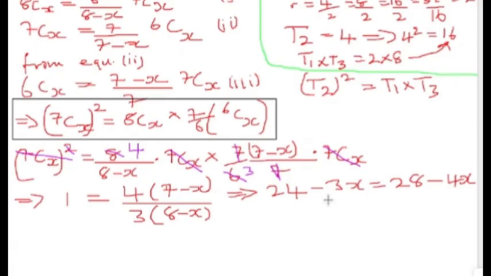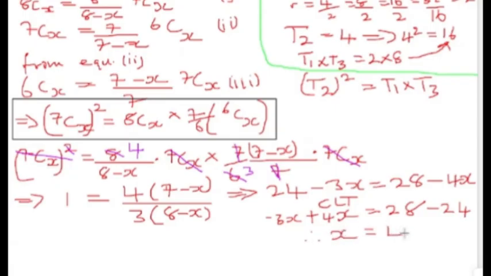This is going to be minus 3x plus 4x is equals to 28 minus 24. So we see therefore that x is equals to 4.